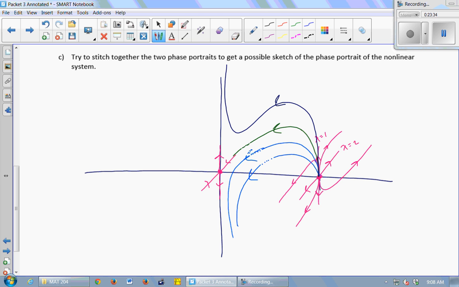So as soon as it gets far enough away, it's no longer governed by the linearization that we did, and it's going to get captured by the other one. So it'll get sort of sucked into the other equilibrium point, or it might just head off towards infinity, like these guys over here to the right of the second equilibrium point. They're just going to keep going forever away from the equilibrium point. They're never going to get captured by the other one because they're moving in the other direction.